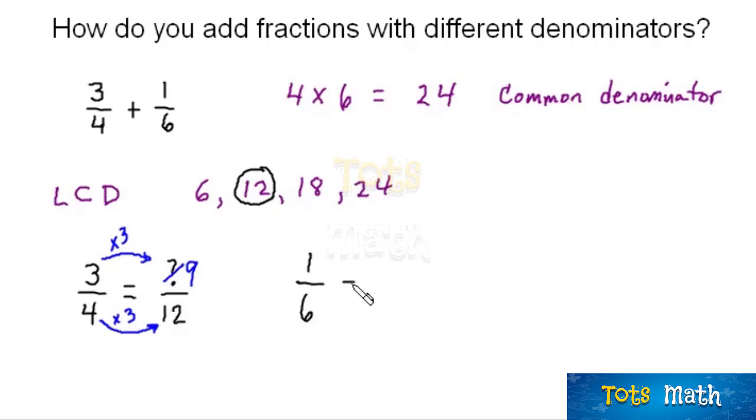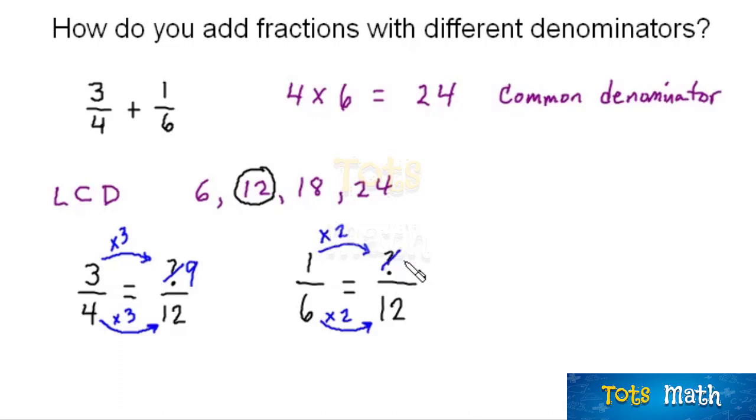Let's do the same thing to 1/6. We're going to change 1/6 into a new fraction whose denominator is 12. This time 12 is twice as big as 6, so that means we multiplied 6 by 2 to get 12. And whatever we do to the denominator, we have to do to the numerator. So we're going to multiply 1 by 2 as well.